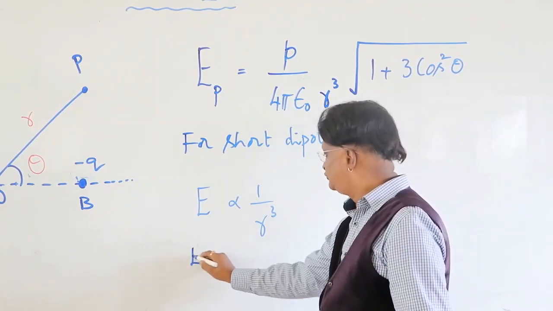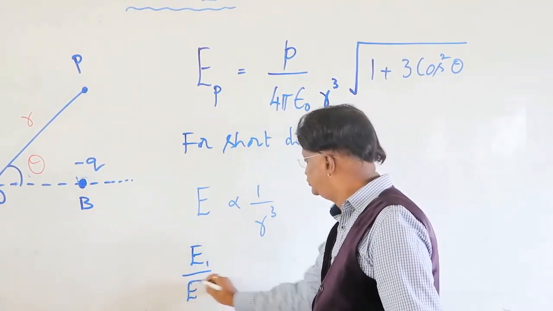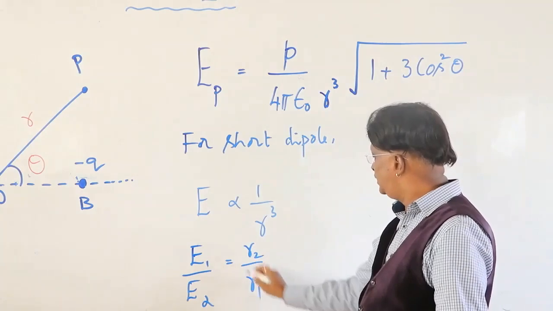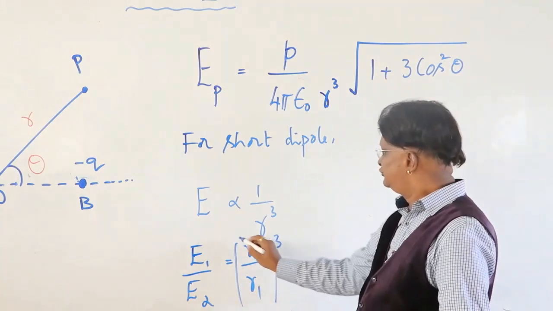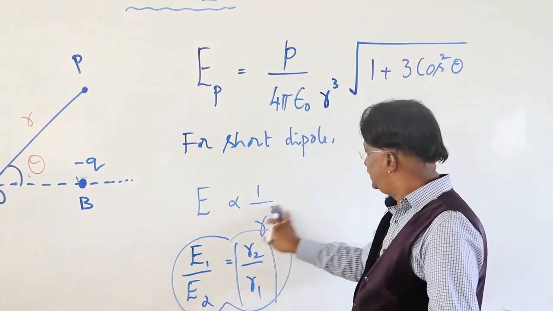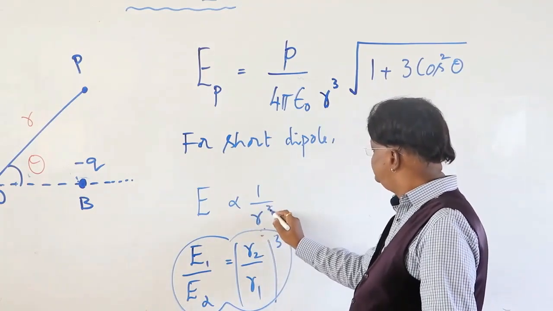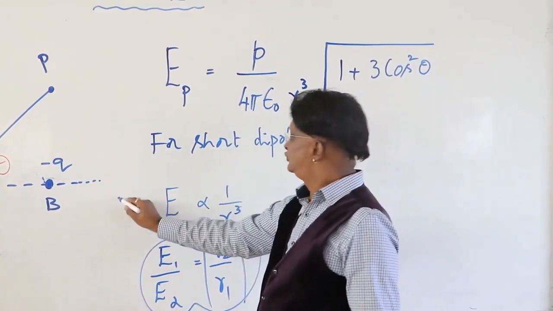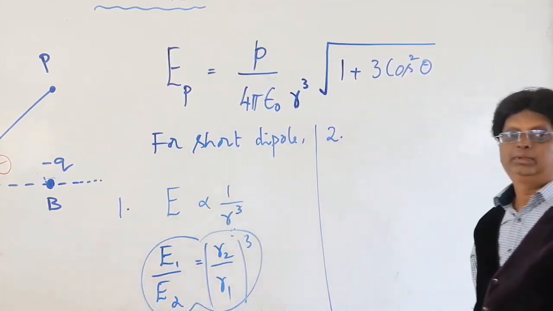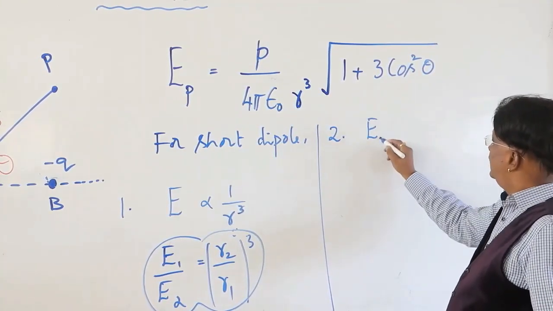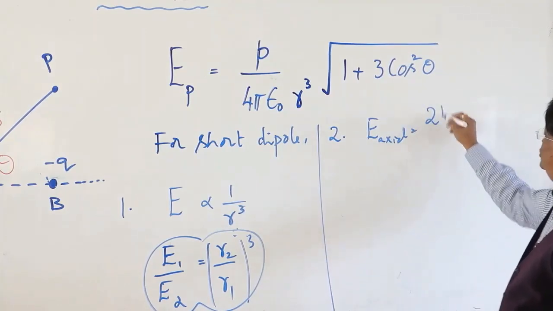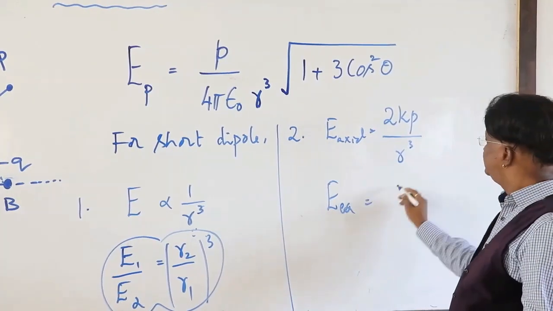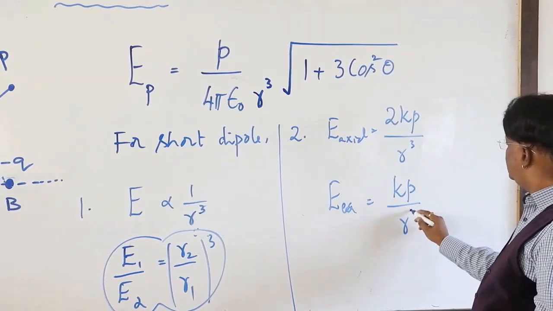And of course, E1 by E2 is equal to R2 by R1, everything cubed. So this is one important result that I take. Number two, earlier we have said that E axial is 2kp by r cube and E equatorial is kp by r cube.